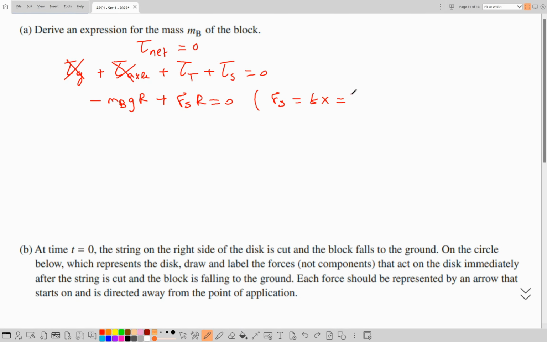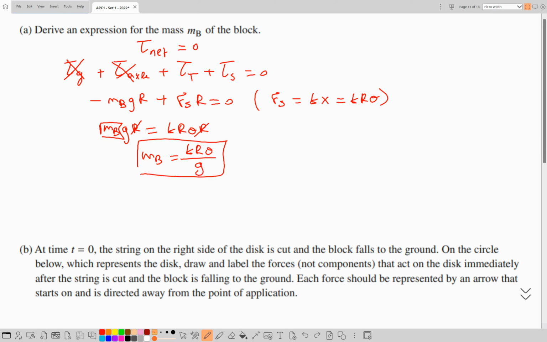So that would be k multiplied by r theta, because we need to express our answers in terms of these and we don't have the elongation of the spring. Which means that mbgr is equal to k r theta multiplied by r. Now r with r would cancel, and we're interested in determining mb. Then the mass of the block would be given by the expression k r theta divided by g.